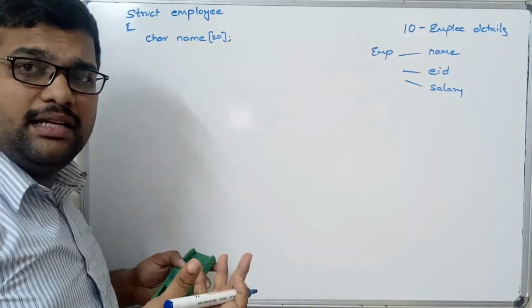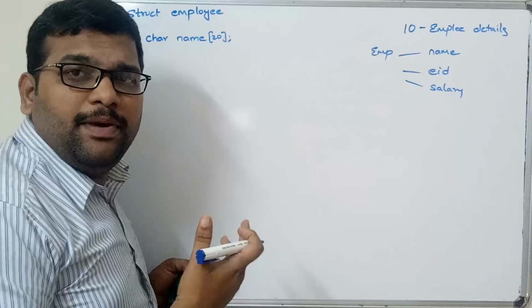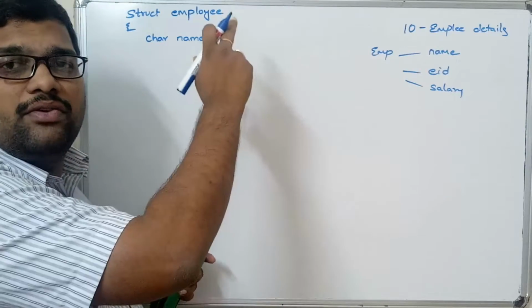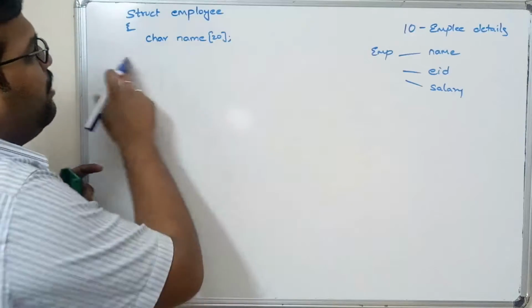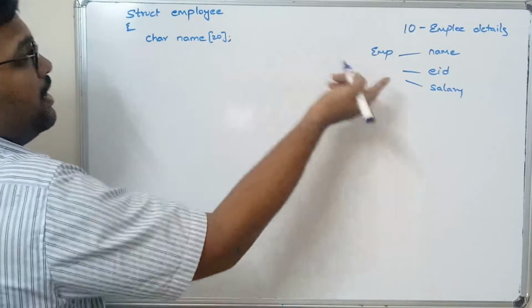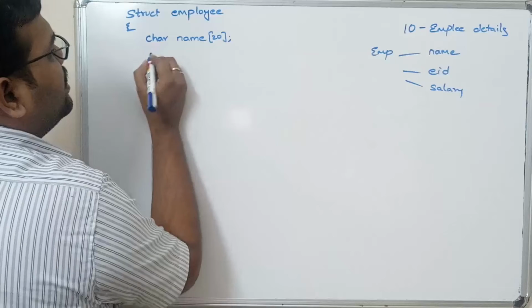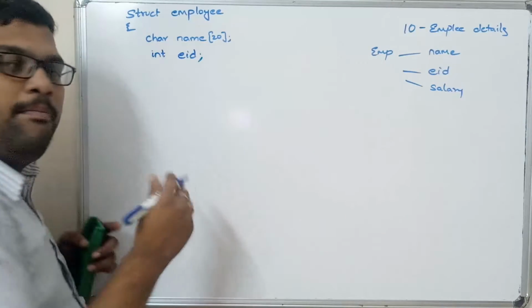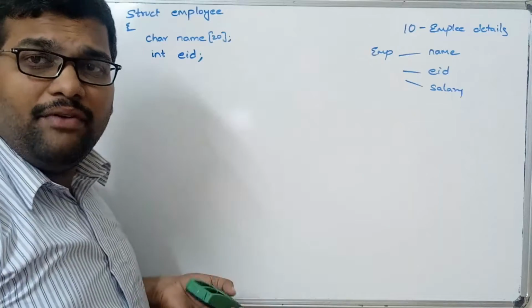As the name is a string, it must be implemented using a character array, so I have declared a character array, char name. Next, employee ID, int EID. These are all variable names.